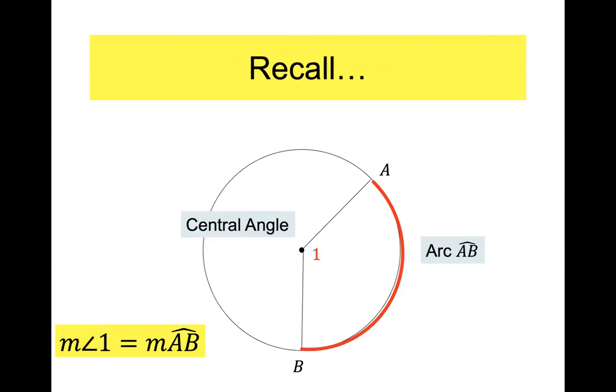Okay, so here comes the new stuff. So going back to that other idea right here where the central angle is, and I mentioned this before, this is the central angle, but the angle can be drawn in many different places. So the vertex of angle 1 is at the center, but I could place that vertex anywhere. I could place it outside the circle. I could place it inside the circle, just not at the center.